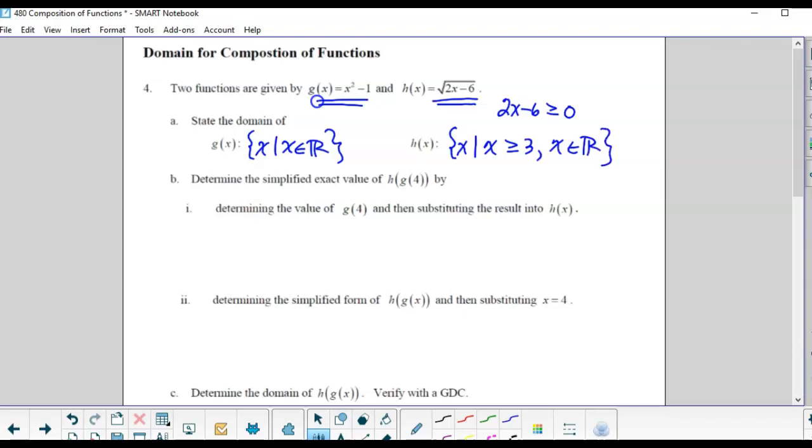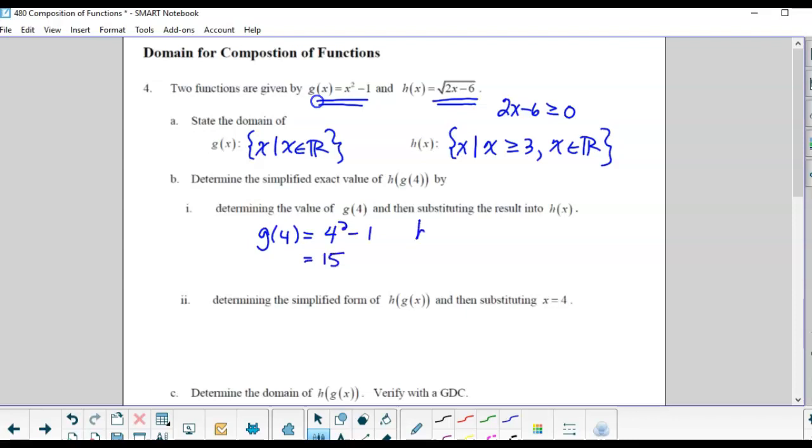Okay, so again, we're going to look at a little discovery activity here to see what the issue is with domain. It says determine the simplified exact value of h of g of 4 by different methods. So determine the value of g of 4 and then substitute it in. So g of 4 equals 4 squared minus 1, which is 15.